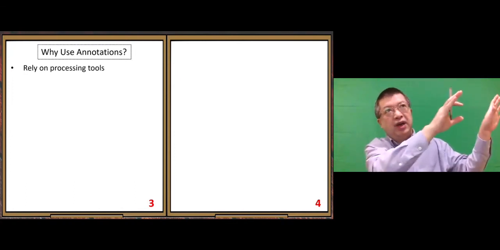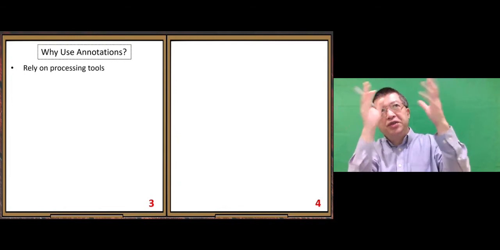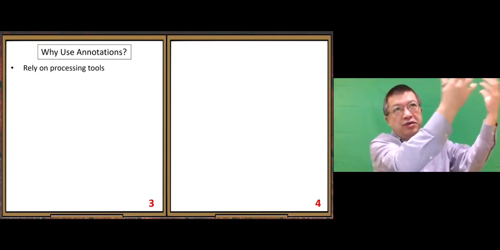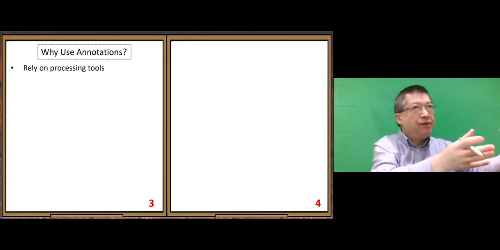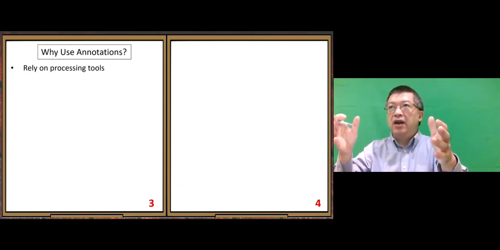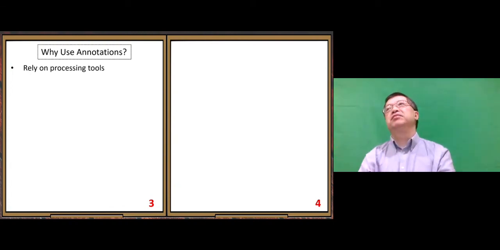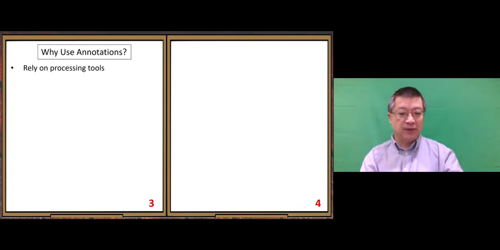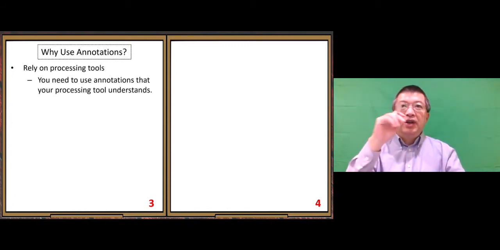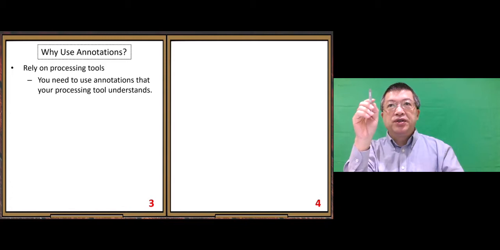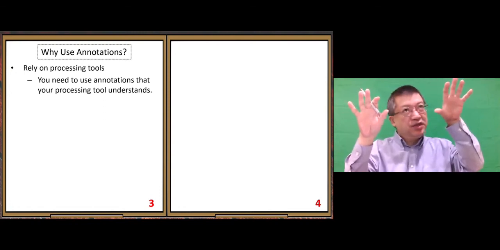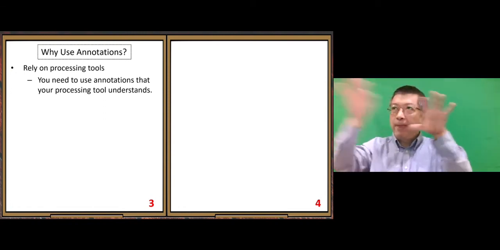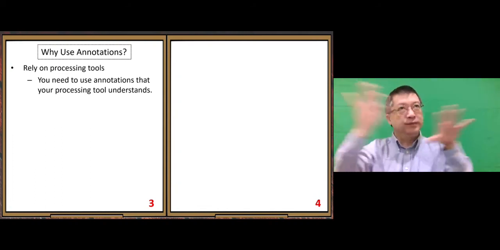So in order to process those annotations, you need to download those Java classes, put them in your library class path, then your program can use those annotations. So annotations are associated with other Java classes. You need to use annotations that your processing tools understand. That's why annotations and the processing tools come together.